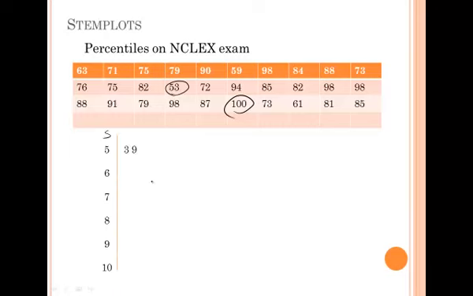Those are our stems. And then with a 3 and a 9, that's the 53 right there. So that means there must have been a 59. There it is there. So we can do the same thing we did before, and we can cross those off. 61 and 63. Where's my 63? Where did you go? There you are. 71, 72, and so on and so on.